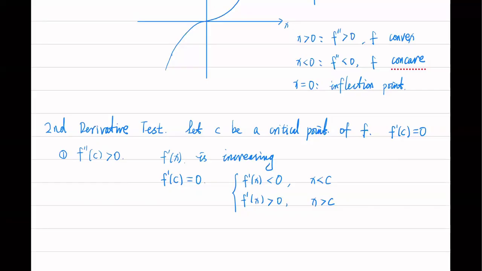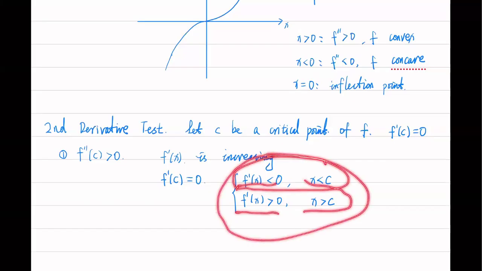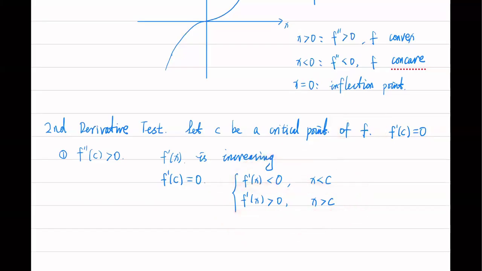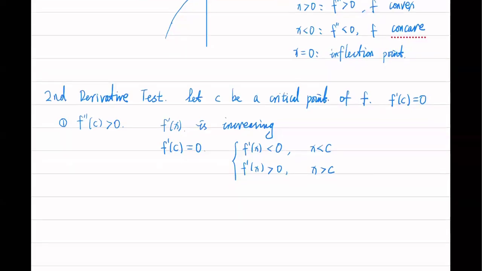Okay, now let's look at the derivative. On the left, it's decreasing. On the right, it's increasing. What does this tell us about the function itself? Okay, so we have a critical point. So the graph will be something like this.